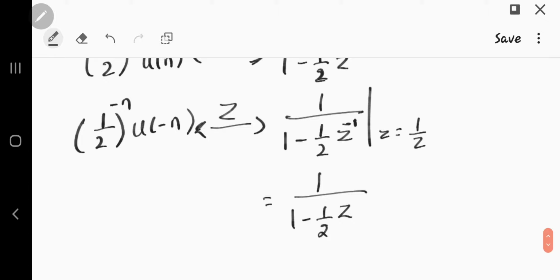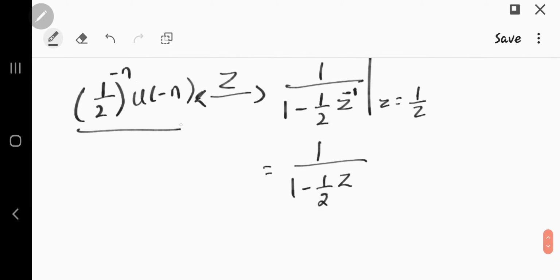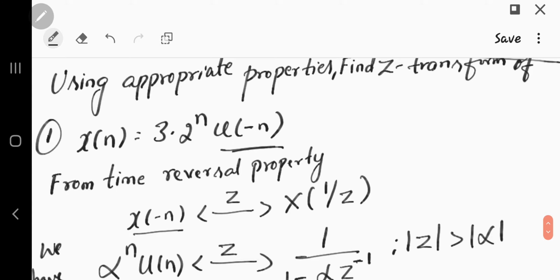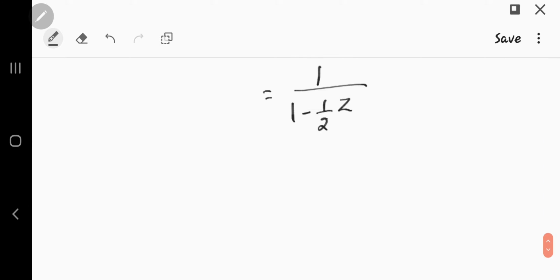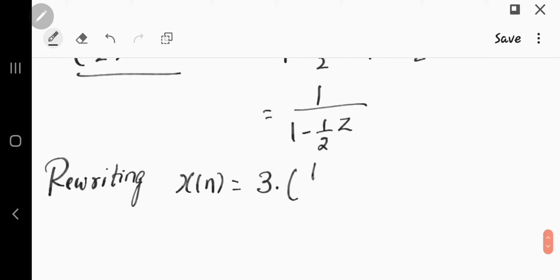Okay. Now to get this to happen, we have 1 by 2 to the power of minus n u of n, but here we have 2 to the power of n into u of n. Rewriting, x of n is equal to 3 into 1 by 2 to the power of minus n into u of minus n.